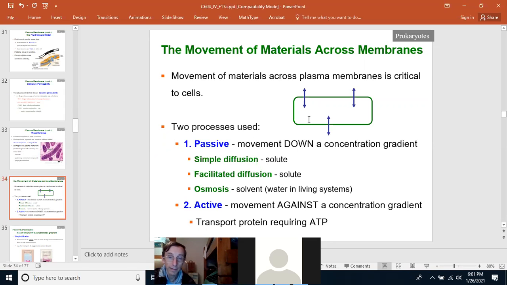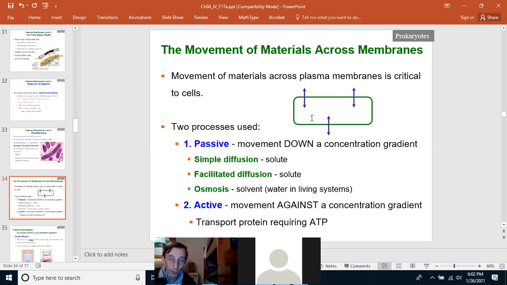And then osmosis is the movement of water across the cell membrane. Osmosis is so important to living things that we give it a name, and the water has to move by a passive process, meaning from higher regions to lower regions.